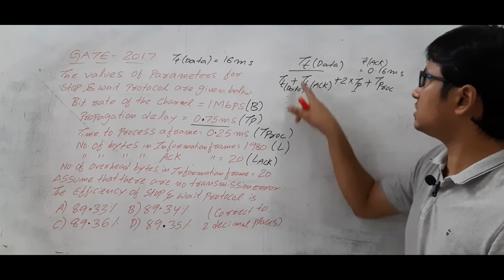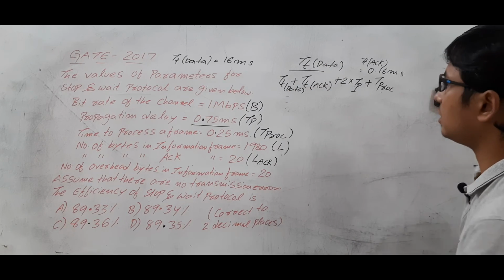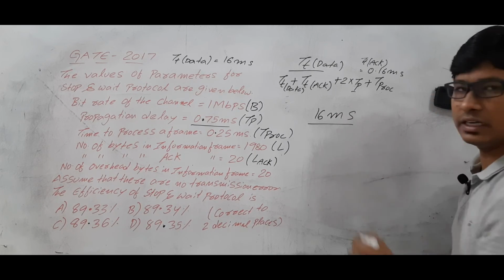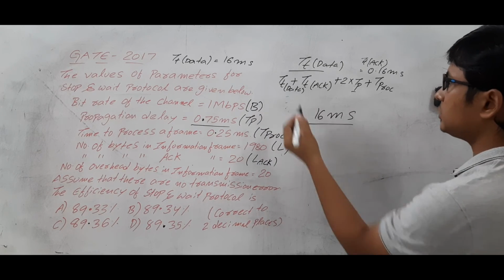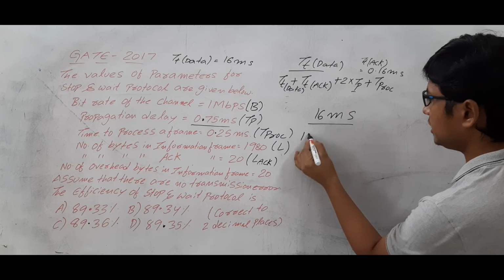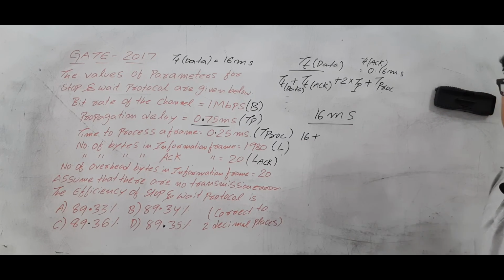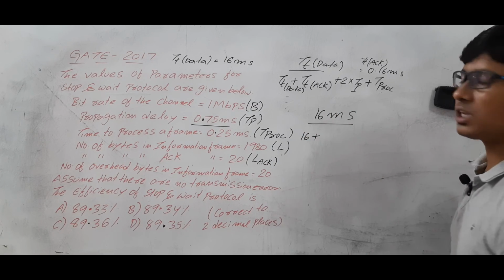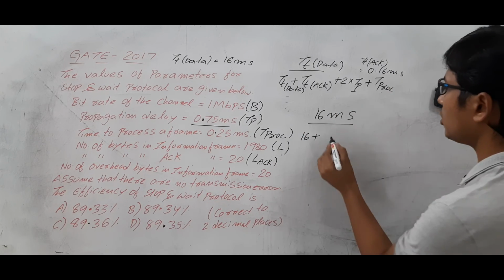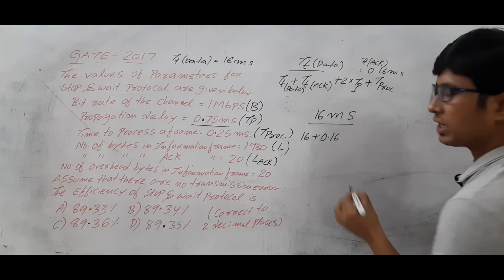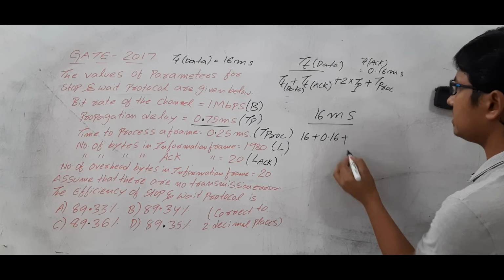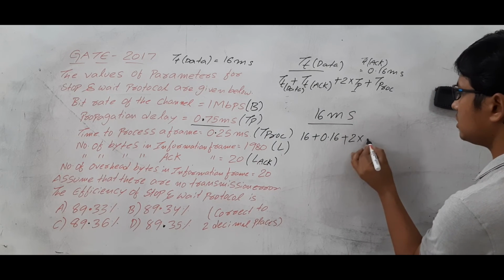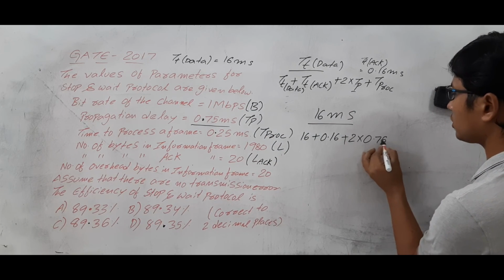What is the efficiency? Transmission delay for the data, which is 16 milliseconds, divided by transmission delay for the data, again 16 milliseconds, let me write it as 16 only because everything is in milliseconds, plus the transmission delay for the acknowledgement. We got it as 0.16 milliseconds plus 2 into propagation delay. So I have to write it as 2 into 0.75.